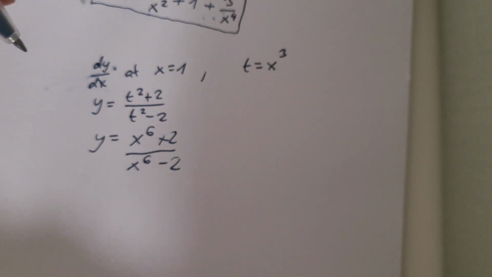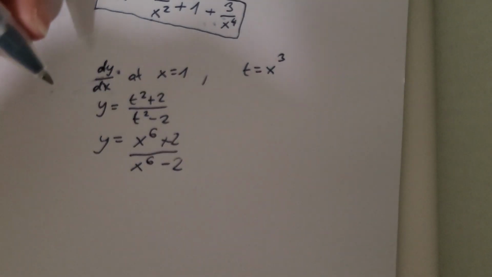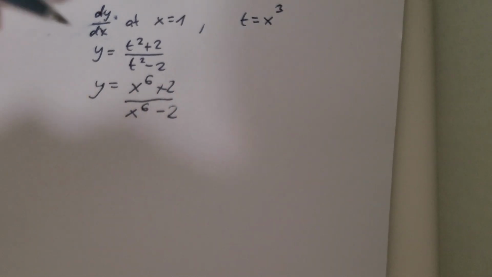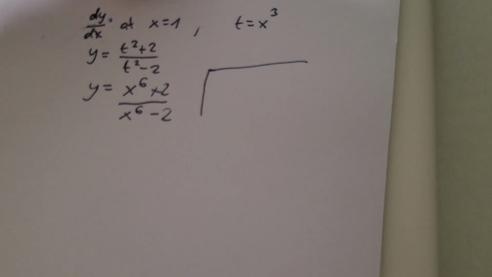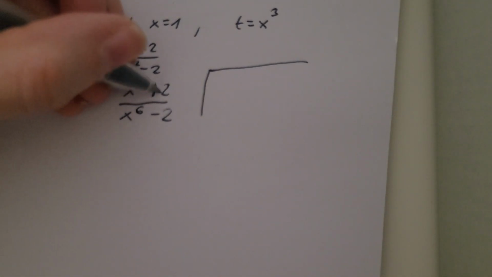And now we just find the derivative the same way as we would. Actually here I am going to use the quotient rule, which, remember, this is a plus sign.